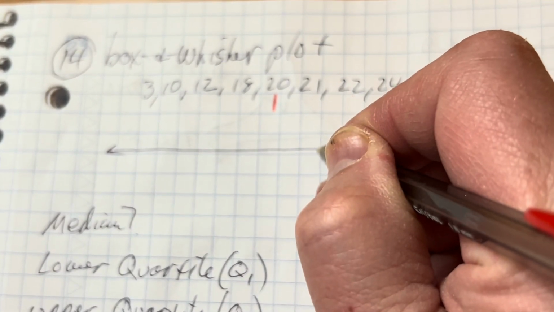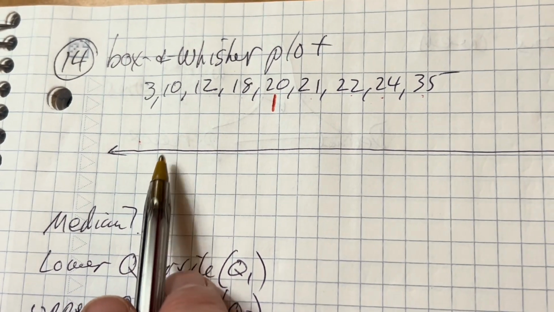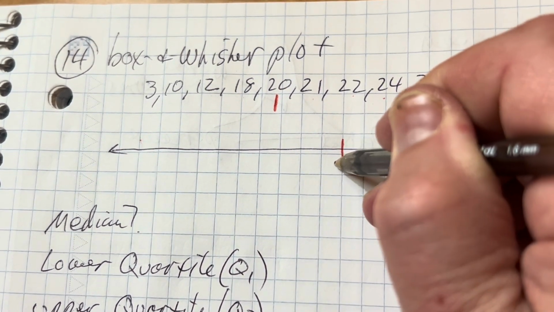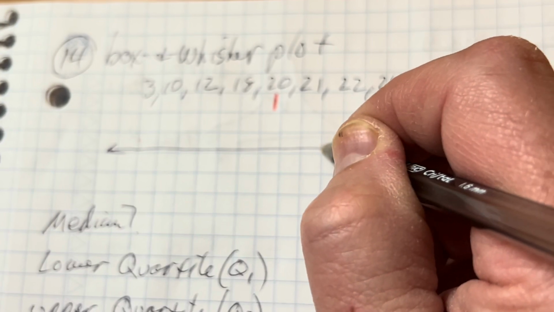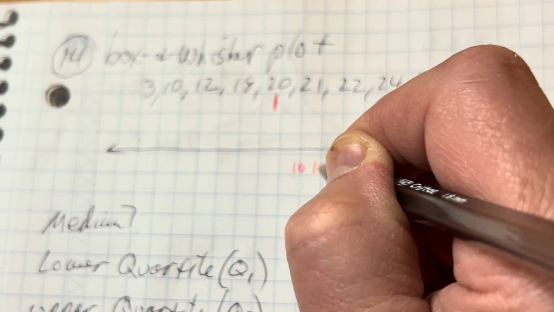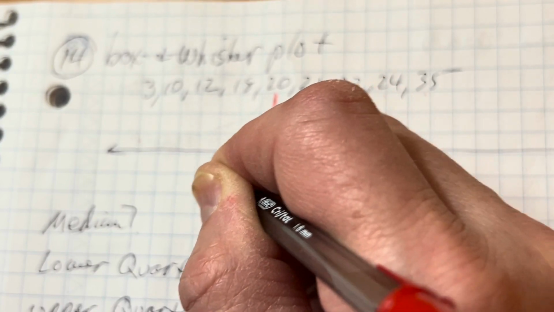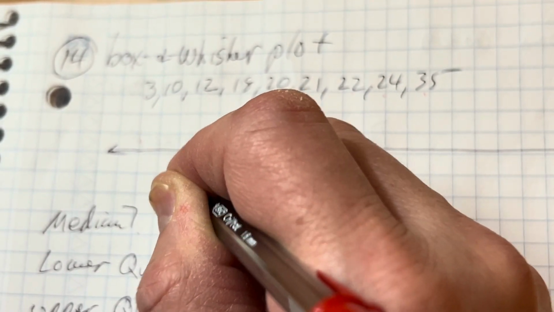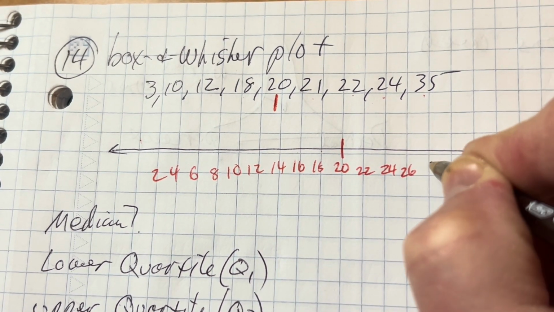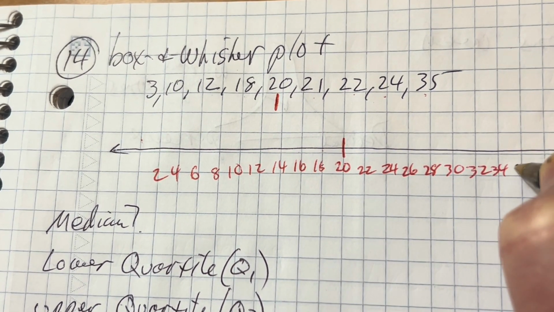So I'm going to go ahead and count these out on the grid: 2, 4, 6, 8, 10, 12, 14, 16, 18, 20, and then 22, 24, right here on the grid lines, 30, 32, 34, 36.